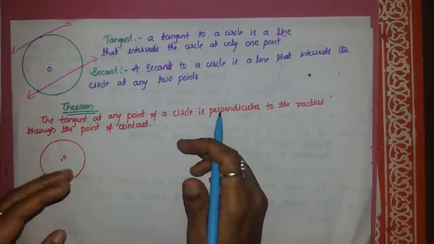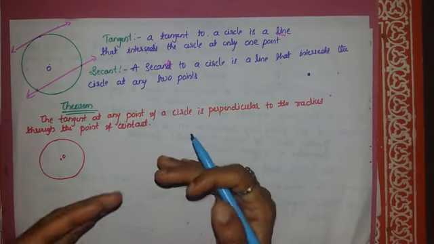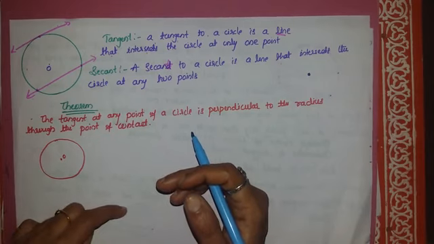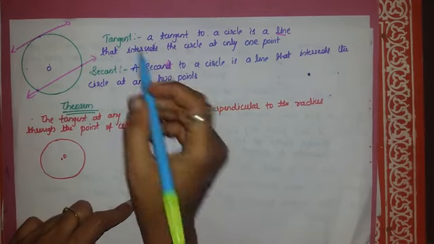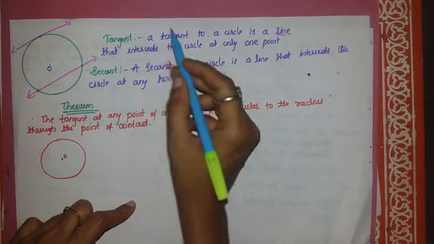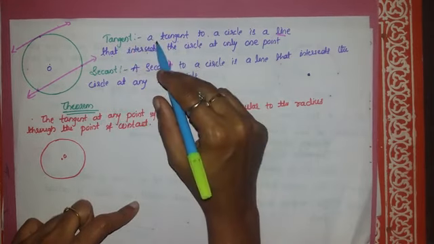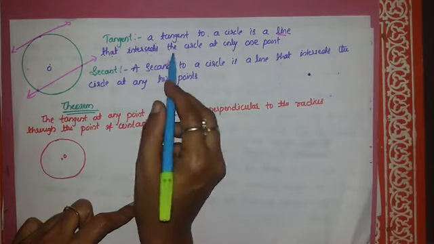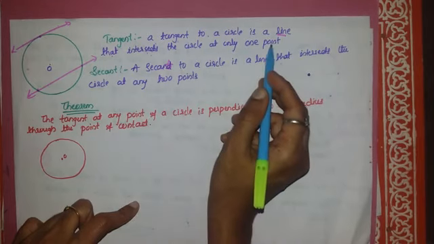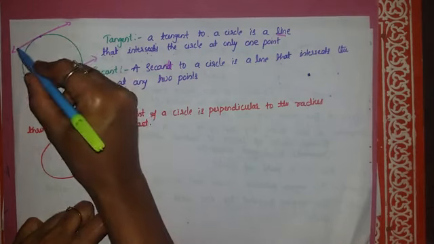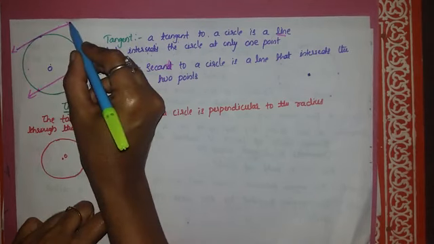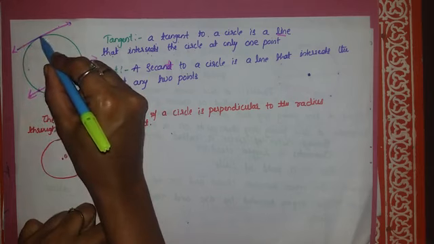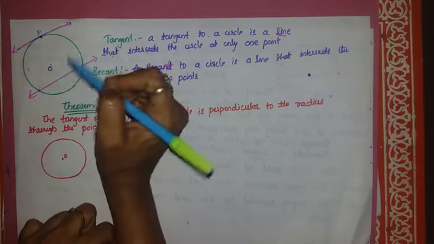Now we will learn the important points of the 10th class, that is tangent and secant. A tangent to a circle is a line that intersects the circle at only one point. Here this is a tangent; it touches the circle at only one point.